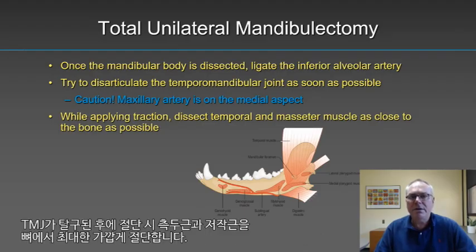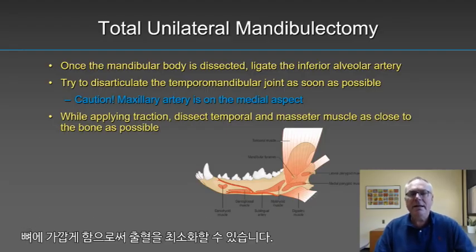So one tries to stay as close as possible to the bone and the temporomandibular joint. And then once the temporomandibular joint is dislocated, you can apply traction on the mandible and dissect the temporal and the masseter muscle off the bone, as close to the bone as possible. So by staying as close as possible to the bone, you minimize the amount of hemorrhage.